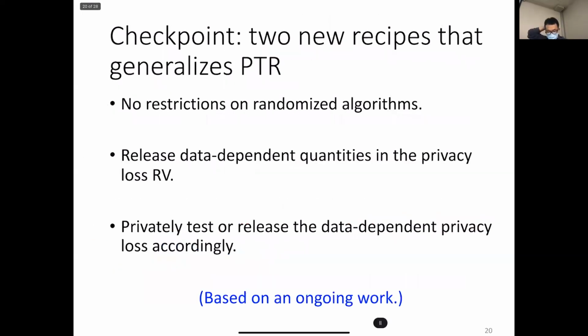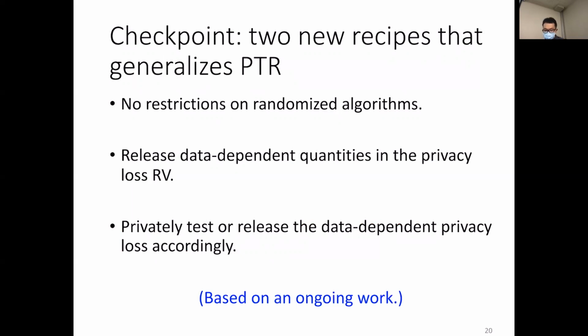Okay, as a checkpoint, so far we talked about two new approaches, without giving any proofs, because it's still mostly ongoing work. The first generalizes the standard proposed test release framework so that it applies to arbitrary randomized mechanisms. By working out the per instance differential privacy, an upper bound of the privacy loss random variable, we can identify the data dependent quantities that we can use for this kind of calculation and algorithm design.